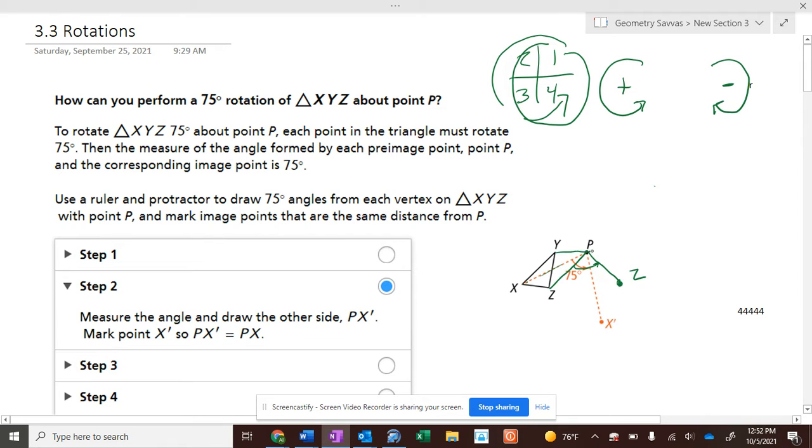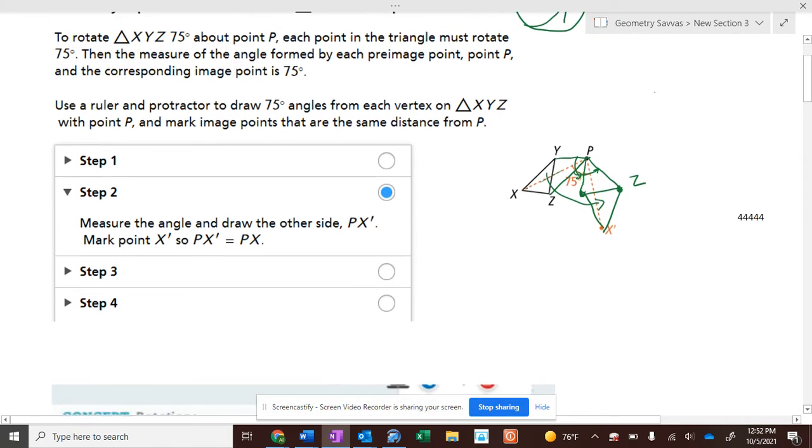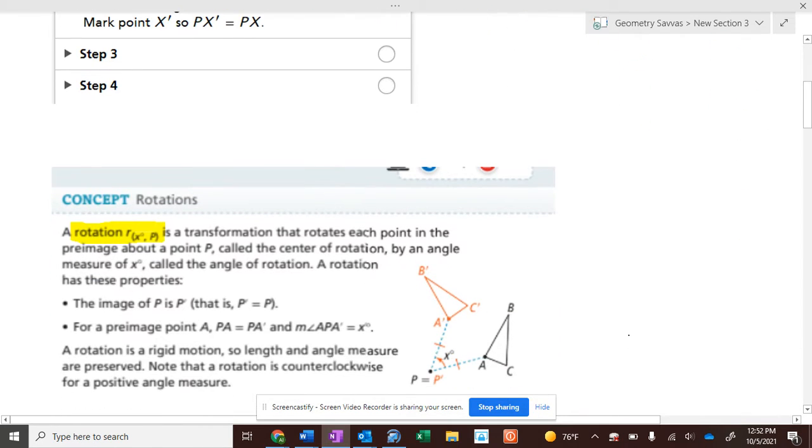And then Y, we'd rotate 75 degrees. So it'd be somewhere around here. So then this triangle's rotated this way.